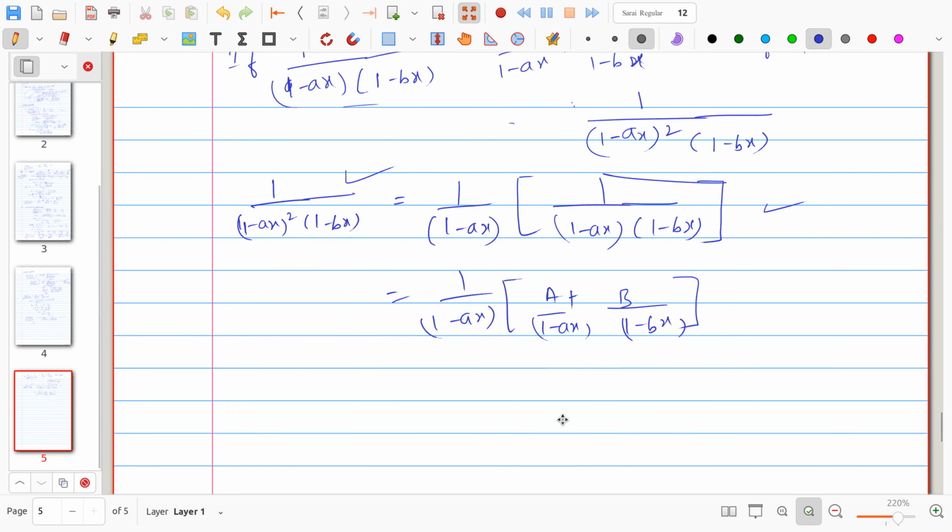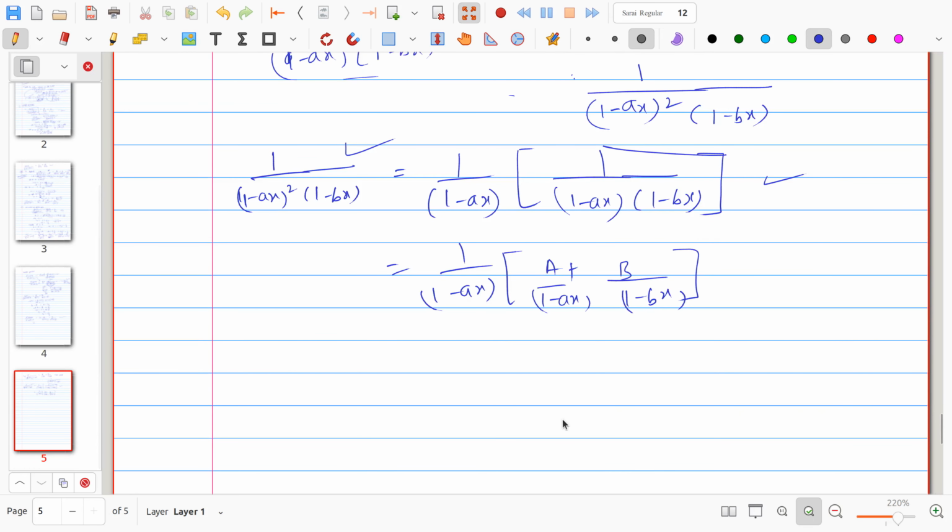And then what I do, I will multiply this 1 minus ax inside. Then we get 1 minus ax square and b into 1 minus ax into 1 minus bx. Is it right? I am multiplying it inside the term.